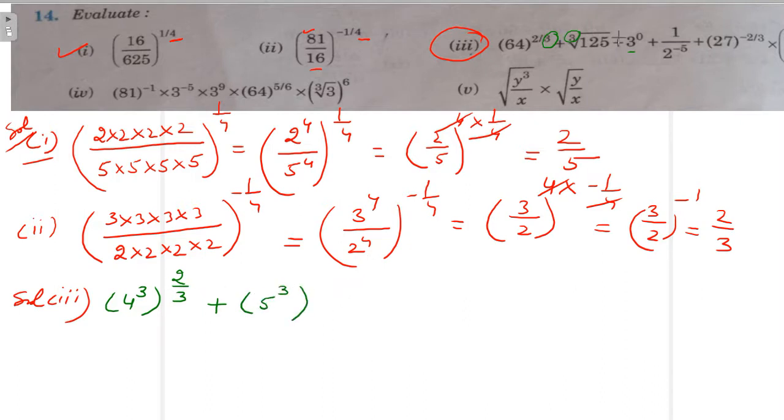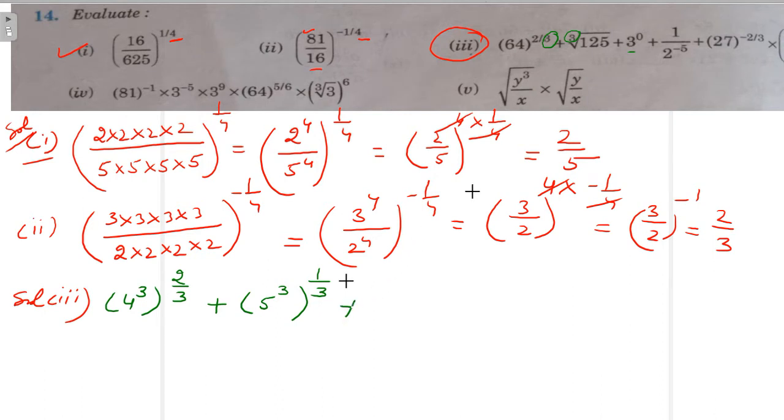So here the cube root is given, which means 1 upon 3. If 3 is not given here, then it is 1 upon 2. If 3 or 4 is given here, then it will become 1 upon 3 or 1 upon 4.